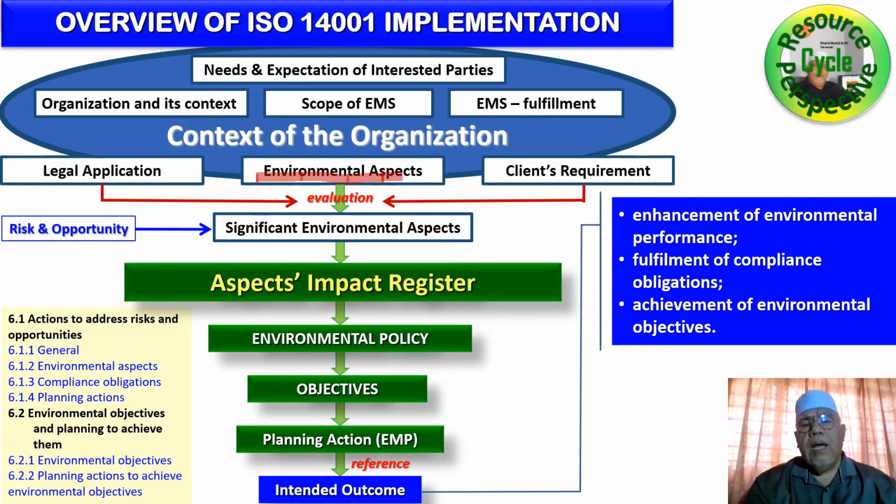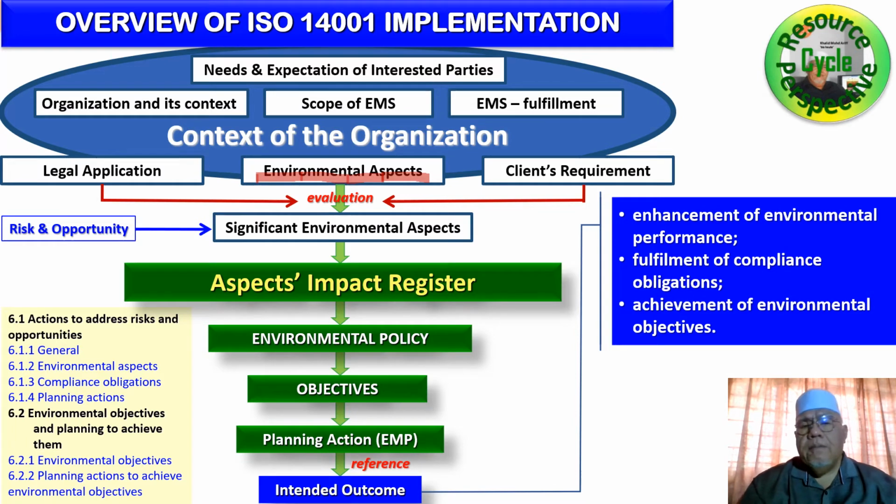If you ask me, I would say this is the first thing that we should do to identify our environmental aspects from our organization in order for us to understand what are our obligations, what is needed upon our company as far as environmental management is concerned.